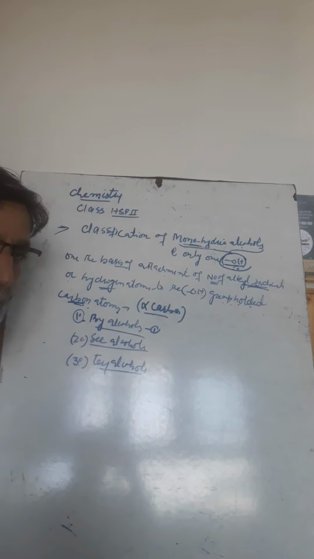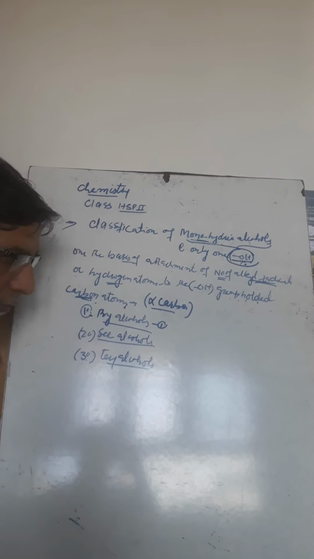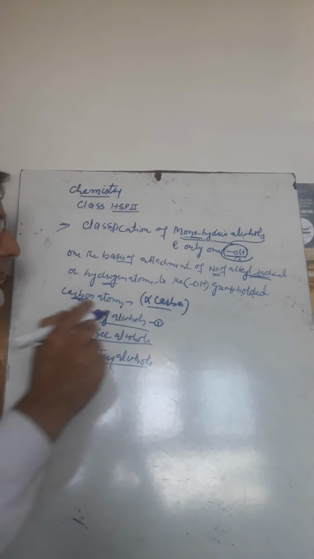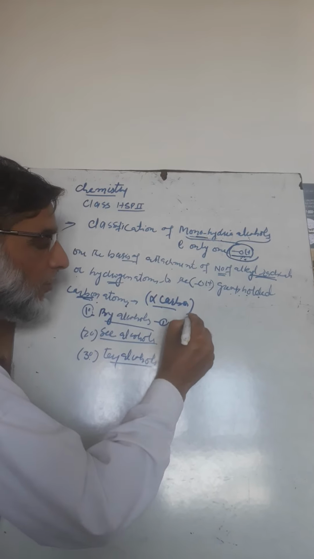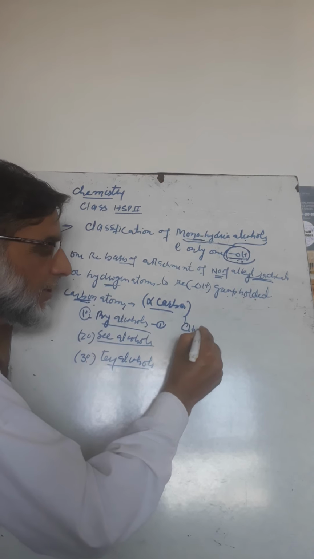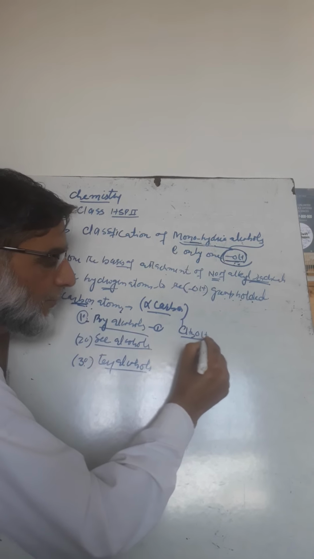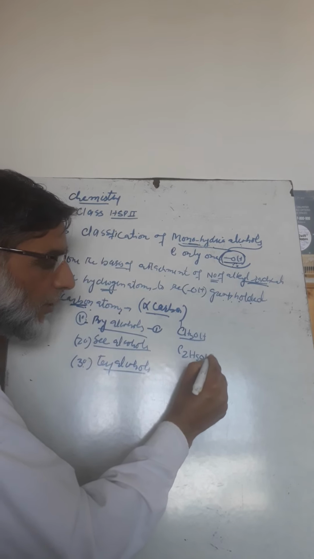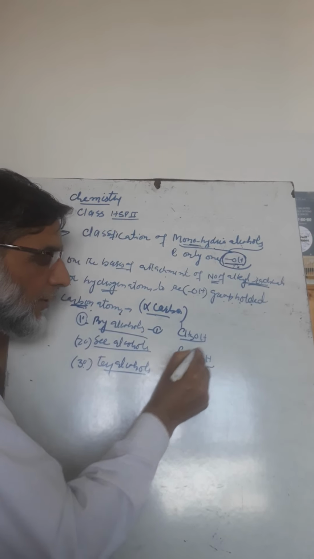Let me take the case of methyl alcohol or ethyl alcohol. We can also call them methanol and ethanol. Methanol is CH3OH, right? We have ethanol, C2H5OH, isn't it?